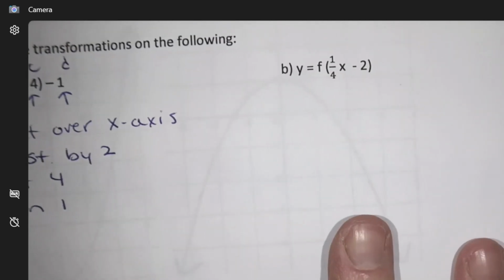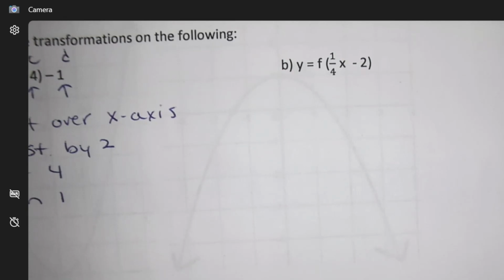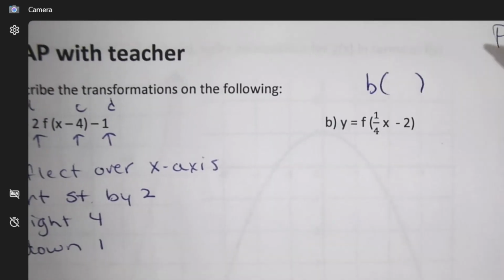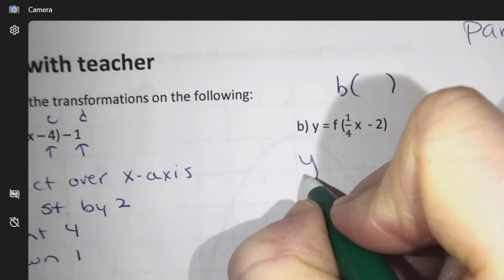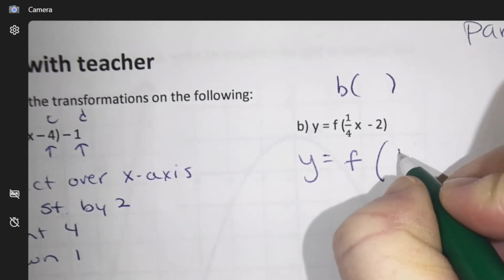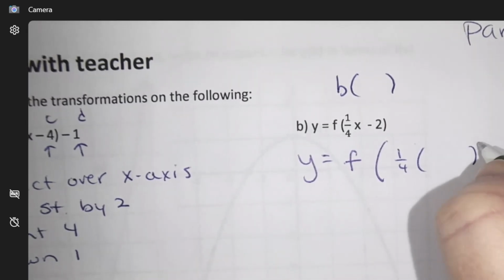Okay, how many people did I trick right away on this question? Why did I try to trick you? Anybody see the problem? Yeah, factor out. It has to be like that, and it's not. Okay, so y equals f of 1/4 x.